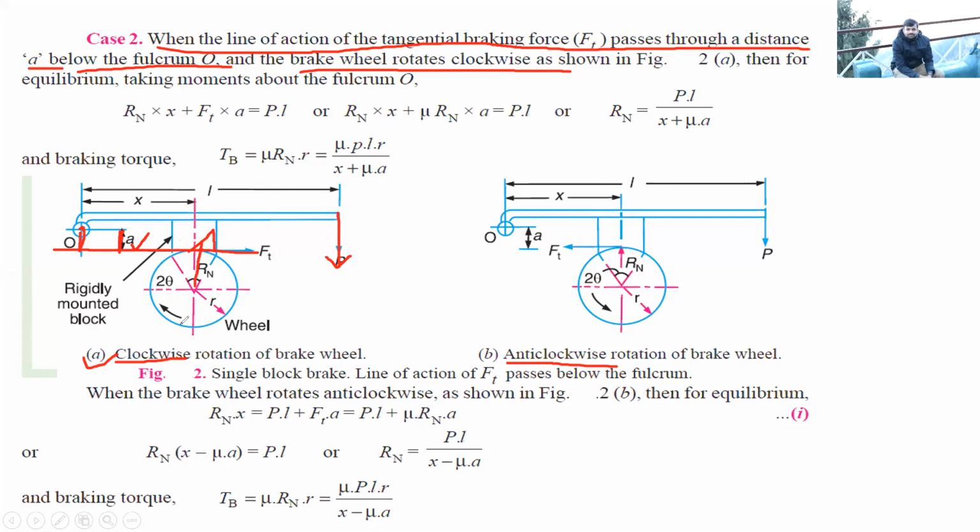Okay. So when the wheel is rotating in clockwise direction, this Ft force will be acting towards the right side. So this Ft force will try to rotate this entire system in clockwise direction. All right. Also, this force P will try to rotate it in clockwise direction, and this force Rn will try to rotate it in anti-clockwise direction. And hence, we can write the equation as Rn multiplied by X plus Ft multiplied by A is equal to P into L.